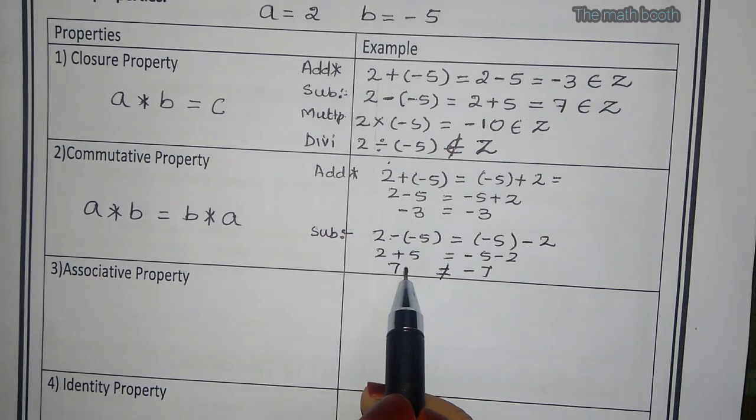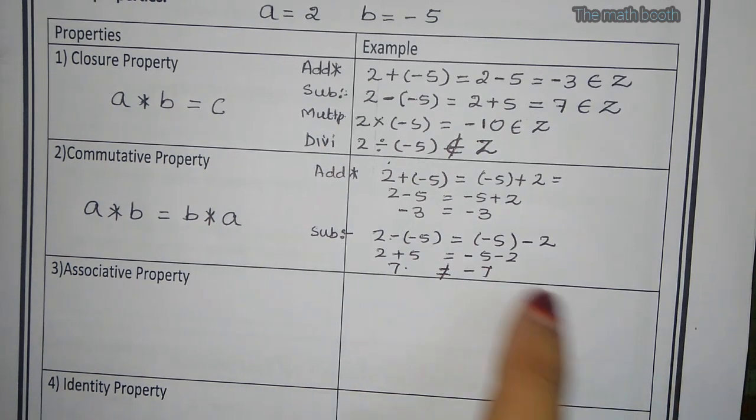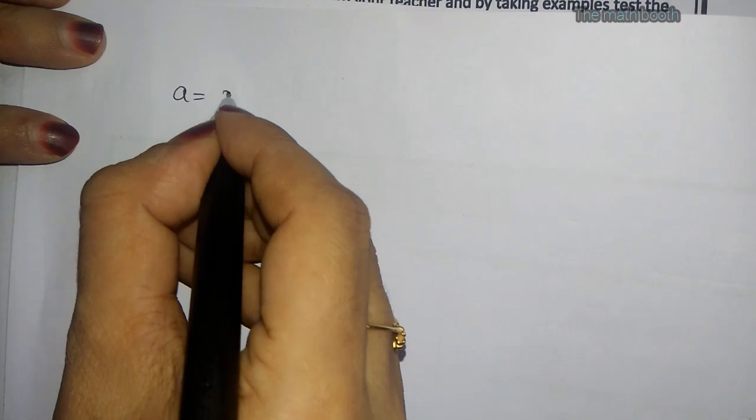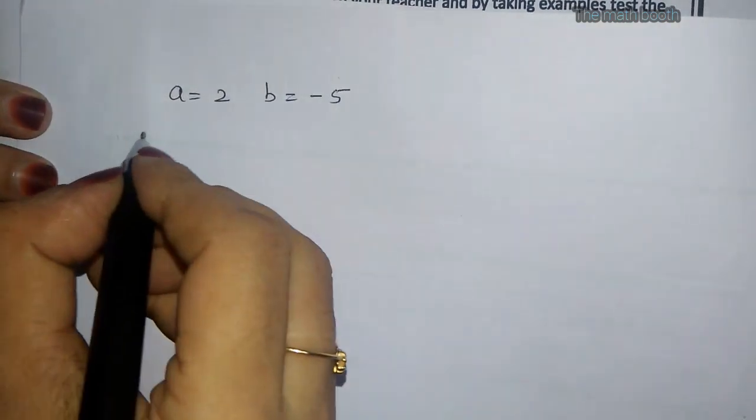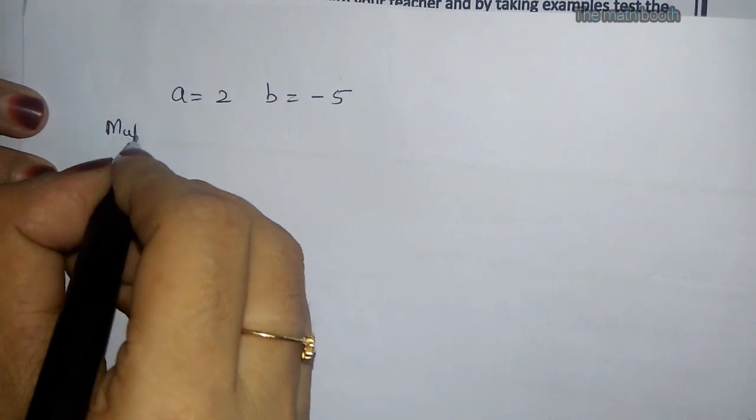So multiplication and division I'll do just in the next page. Here we don't have space, so I'll do it here in a rough page. What we have taken is A as 2 and B as minus 5. So multiplication we are doing.